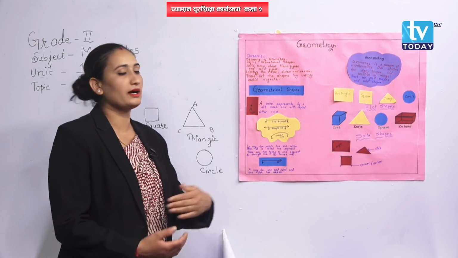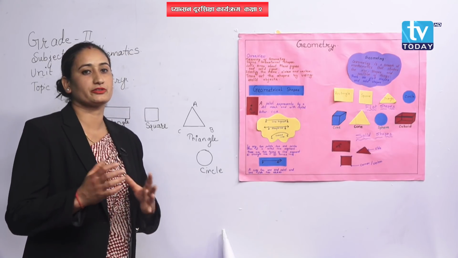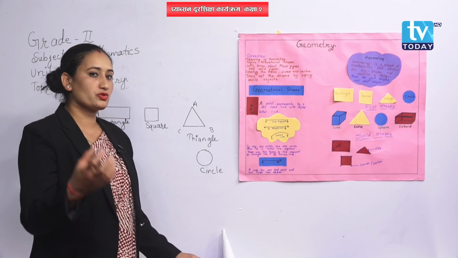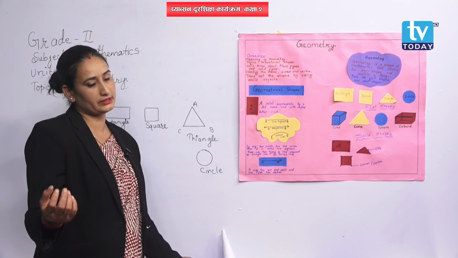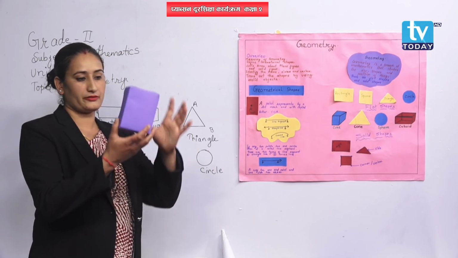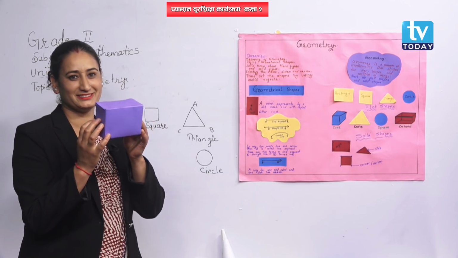Now what remains? Solid shapes. In solid shapes we are not going to draw right now. We are only going to show you a demo of the solid shapes. In my hand there is a solid shape. Have you seen this big box which I have made for you?